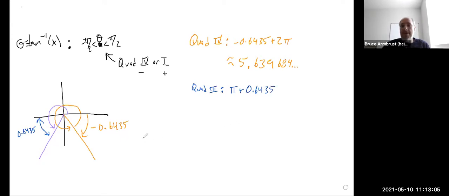So really what I'm doing is I'm making use of the reference angle idea. Remember when you have a reference angle up here, in the second quadrant, it's pi minus that reference angle. In the third quadrant, it's pi plus that reference angle.